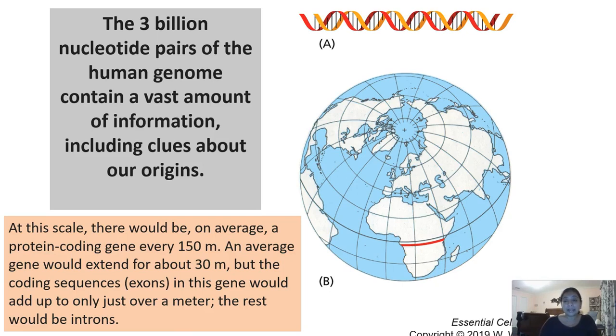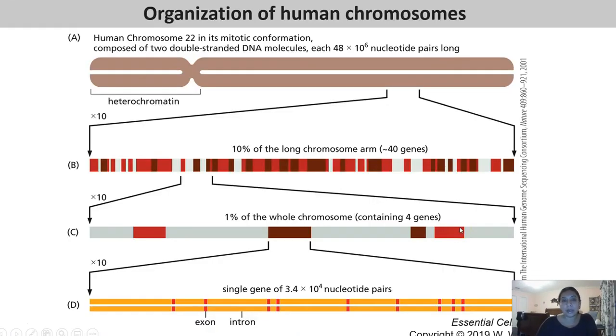Those 30 meters contain both exonic as well as intronic sequences. If you were to excise out all the introns and combine the exons together, that gene would be only 1 meter long. So starting from 30, that's a really tiny amount. The majority of that sequence at the end of the day is those intronic sequences. The rest would be all introns.